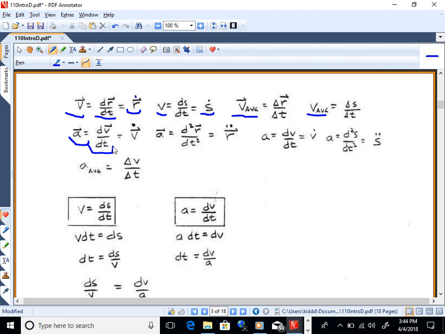Okay, so that's acceleration. Now, acceleration is also the second derivative of position with respect to time, because velocity is the derivative of position with respect to time, and acceleration is the change in velocity with respect to time.